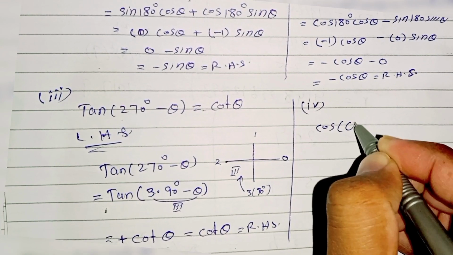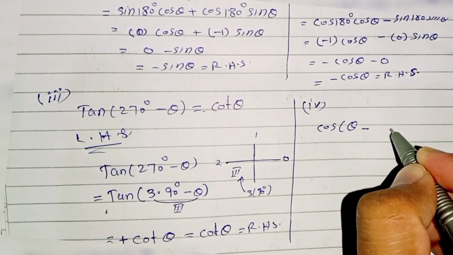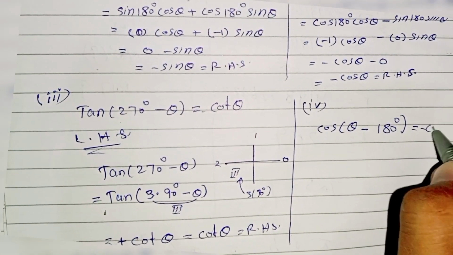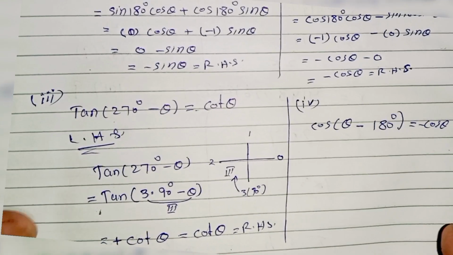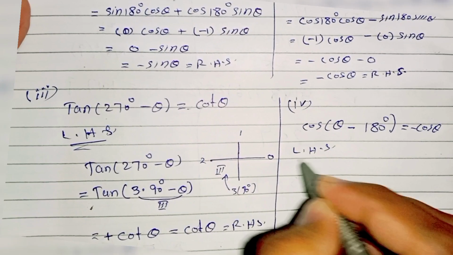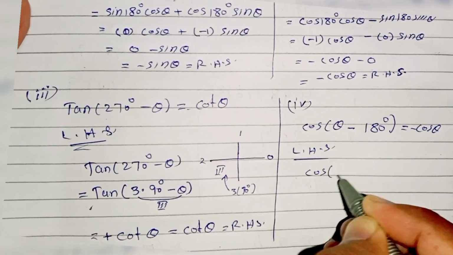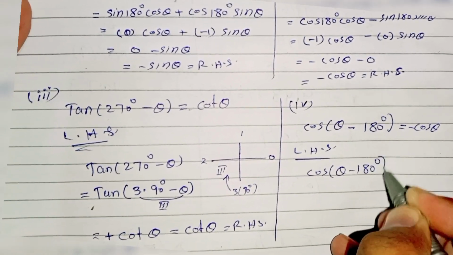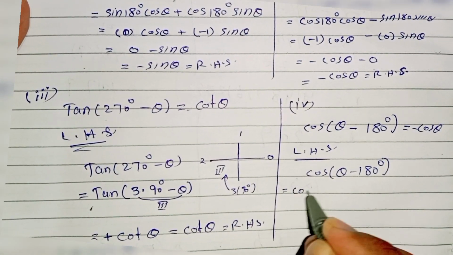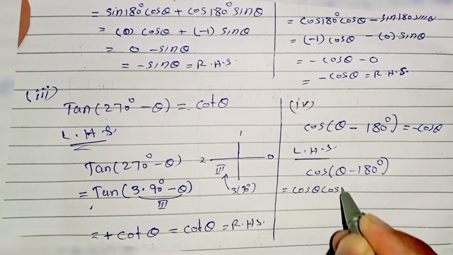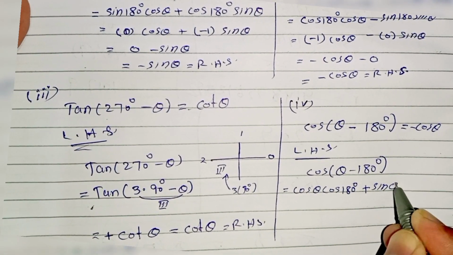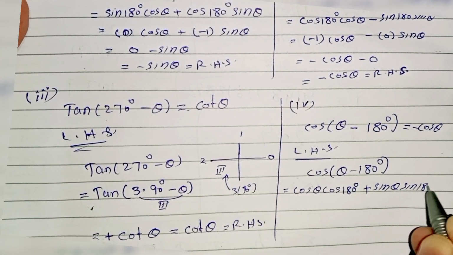Part 4: cos(theta minus 180 degree) is equal to minus cos theta. Since on left hand side we have cos(theta minus 180 degree), by using the formula cos(alpha minus beta), we have cos theta cos 180 degree plus sin theta sin 180 degree.